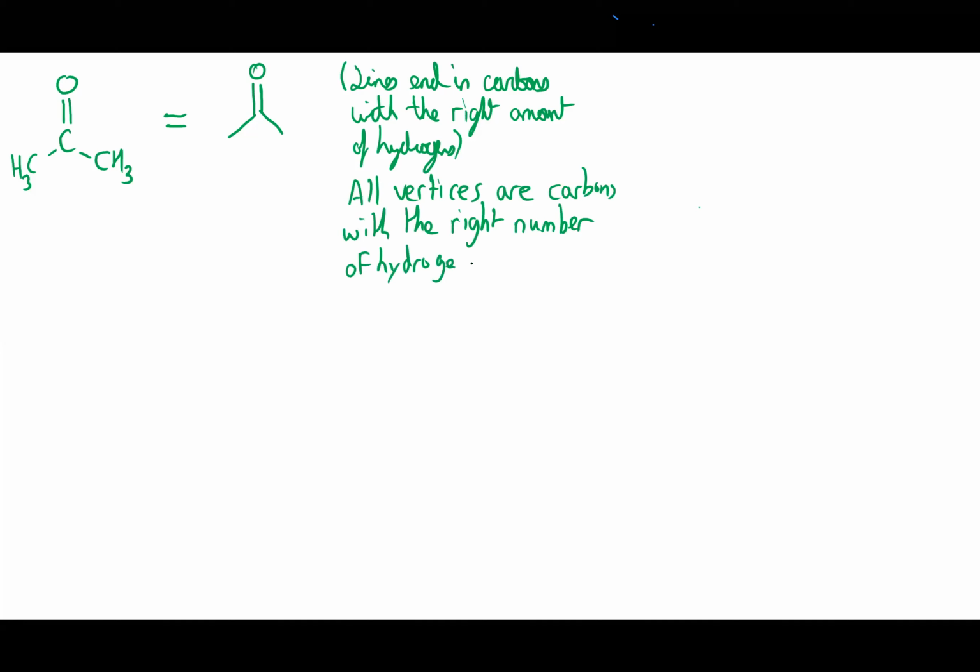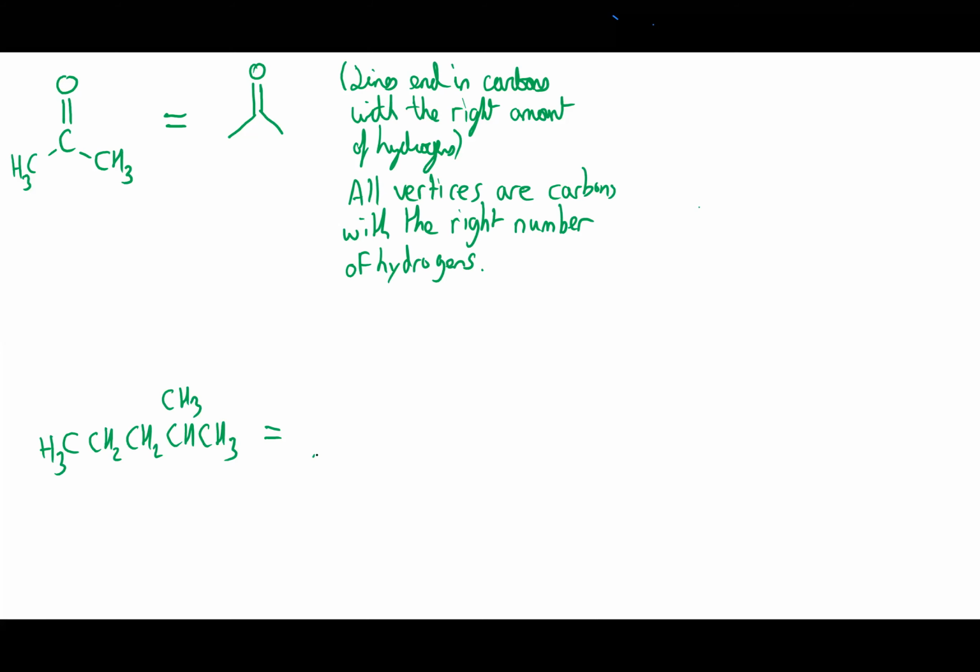We're going to do this because I can draw these a whole lot faster. So another example is if we have CH3, CH2, CH2, CH, CH3, CH3.